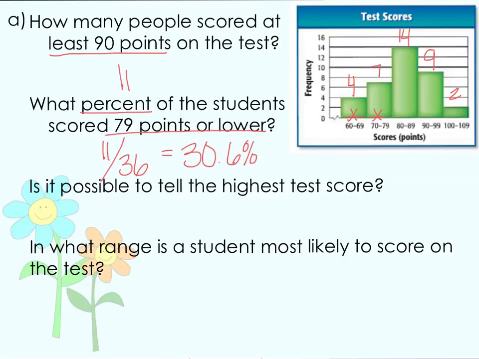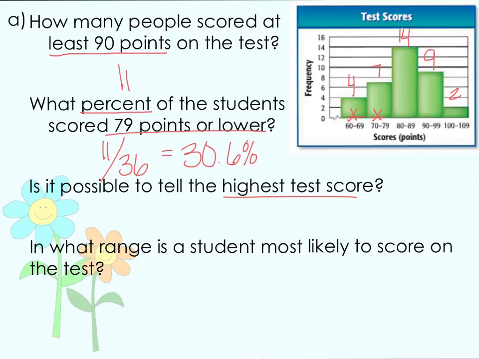Questions on that one? So help each other out. Otherwise, let's take a look at the next question. So this question says, is it possible to tell the highest score on the test? So think about this when we talked about when I was first introducing a histogram. One of the great things is you can see how often things happen in each interval.